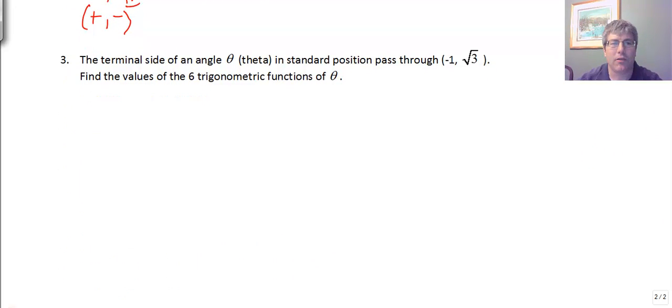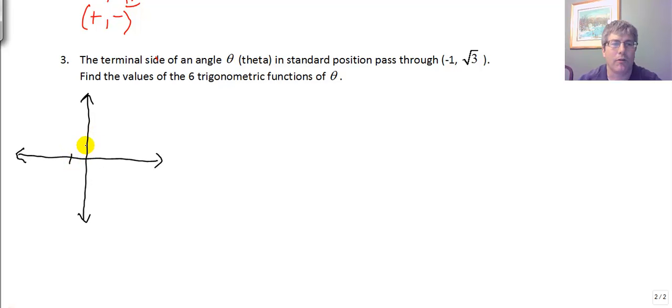Let's take a look at our third sample problem. Here, the terminal side of an angle theta is in standard position, and it passes through -1, square root of 3. Find the 6 trigonometric functions of theta. Well, I will get you started on this one. So we'll draw our Cartesian plane, -1 on the x, square root of 3 on the y.